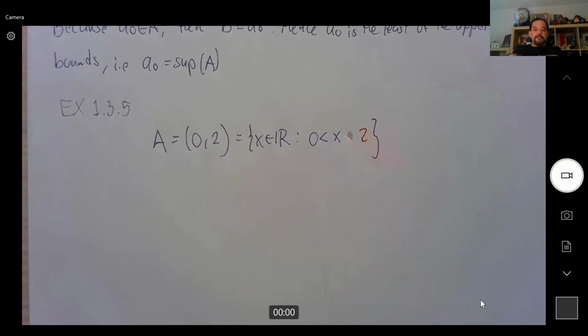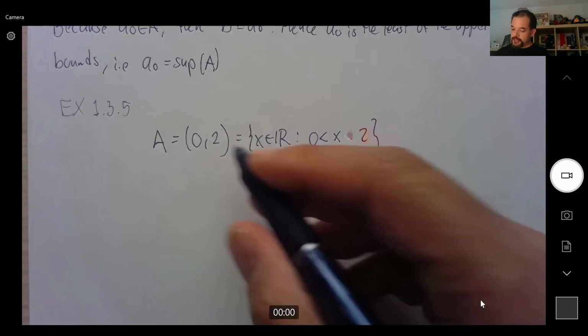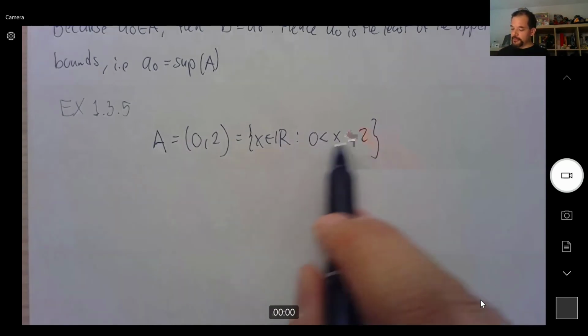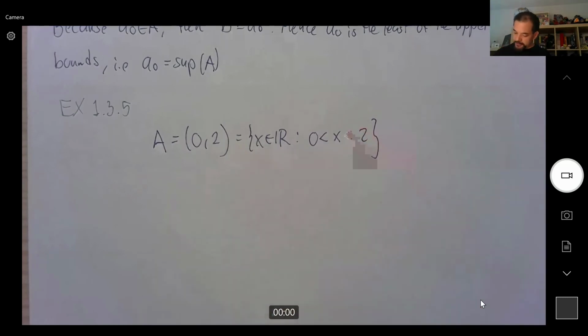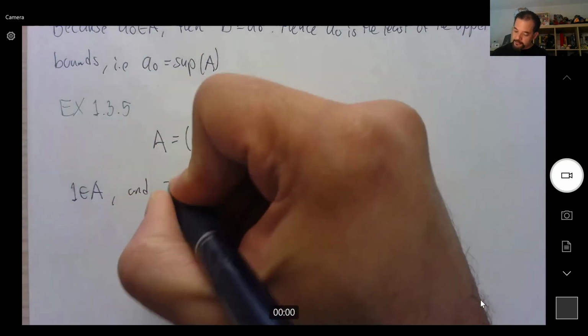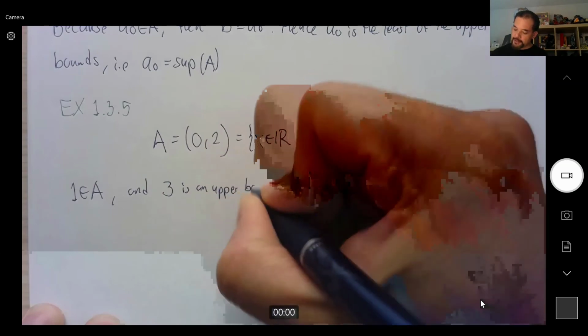Okay, is this set upper bounded? Yes. A bunch of numbers, right? 3, 4, 5, etc. It is non-empty because there are a lot of elements between 0 and 2. For example, 1 belongs in there. So let's say 1 belongs to A, and 3 is an upper bound. So it must have a supremum.